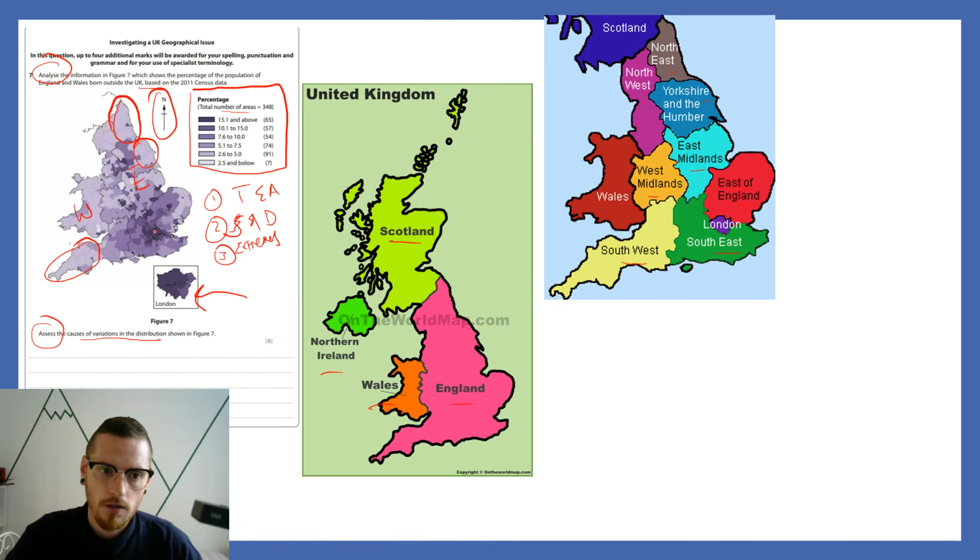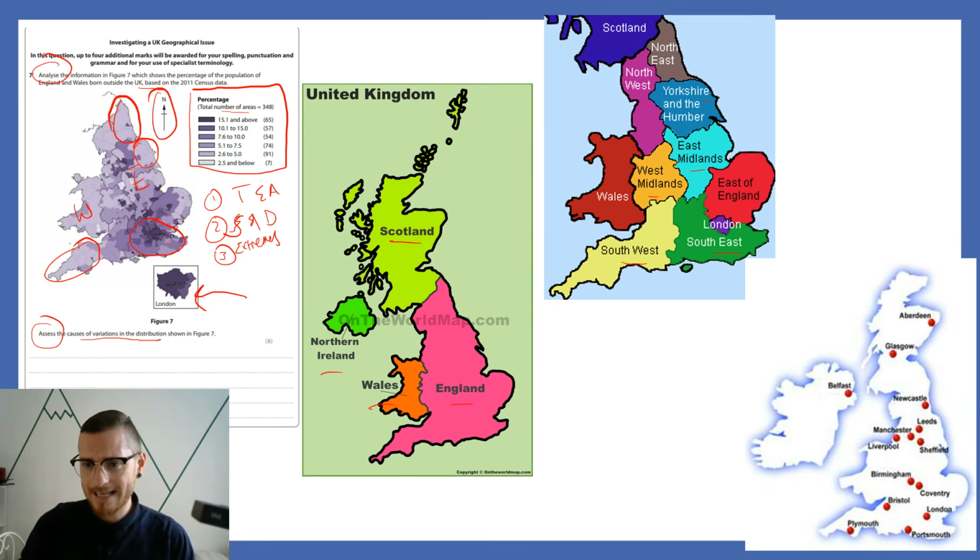Flip it the other way, we've got London, which surprisingly was the only real geographical location used by students in this exam because it was given, but you should know more than the given. We could have referred to the fact that there was more born down here in the southeast, and maybe touched upon certain other areas.